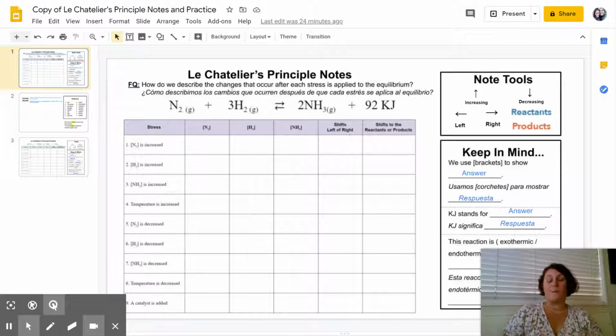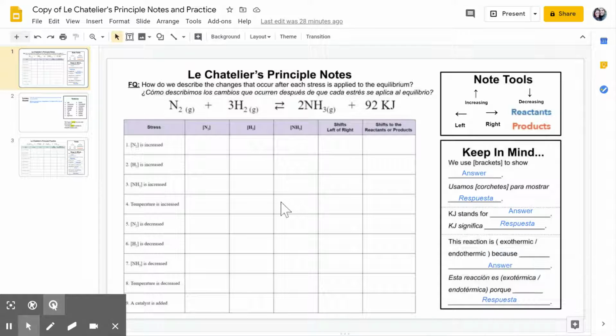So I'm going to be showing you how we can predict which way equilibrium is going to shift in order to balance out again. The first thing I want to do is go over a few things that you need to keep in mind as we are predicting how the reaction is going to change when we stress it out.